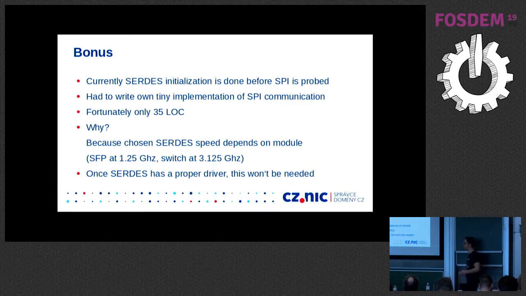But completely rewriting the SERDES initialization code was too much work for my time, so I decided that I will solve this problem by writing my own tiny implementation of SPI communication.